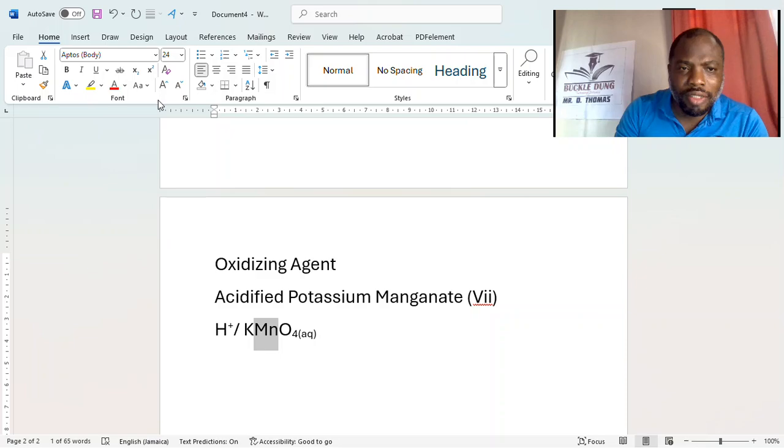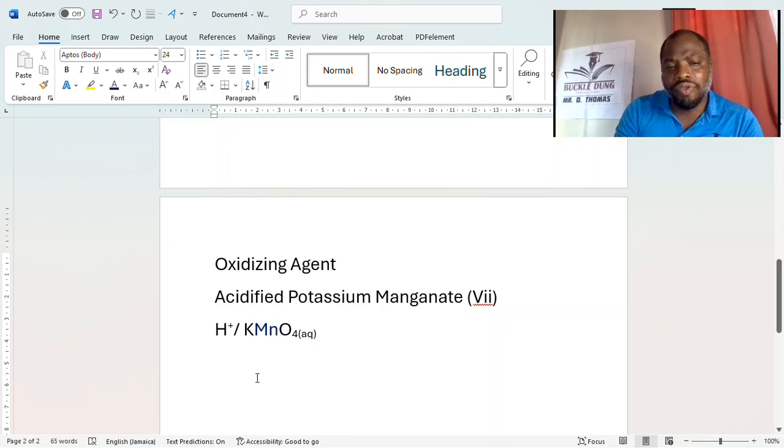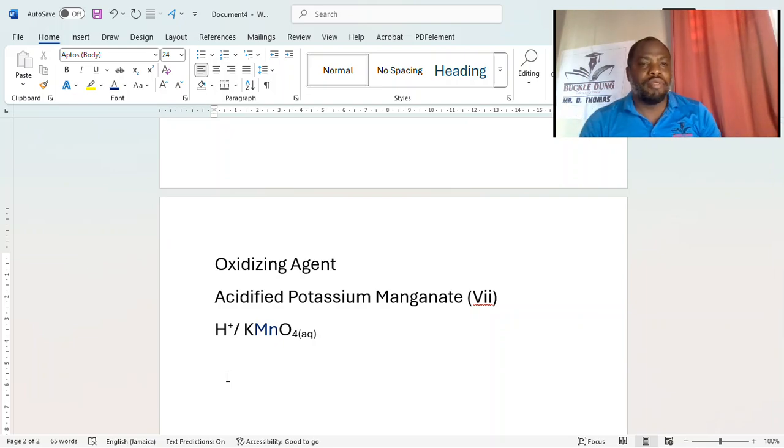So let me zero in, put a little color to this, because a lot of times students don't have the whole story behind. So I like to ensure that we have an understanding, not just to say, oh, this is purple, this turned colorless, and whatever. We have to learn to appreciate what we learned and applied.